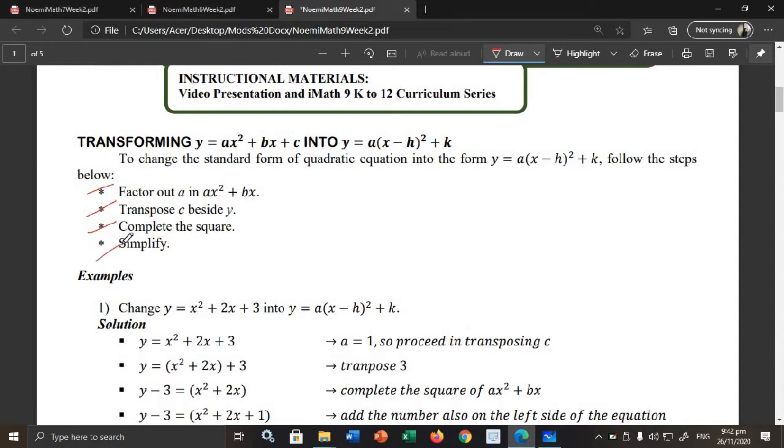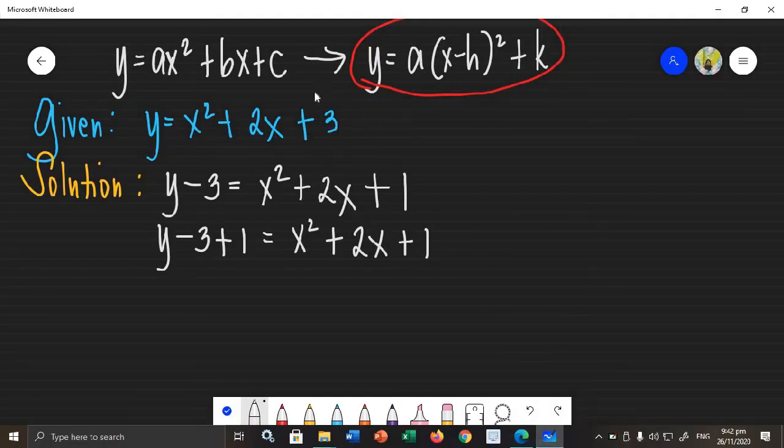The fourth step is we need to simplify everything. So how are we able to simplify this? We will solve the left side of the equation. We combine the constant terms. So, negative 3 plus 1 is negative 2.